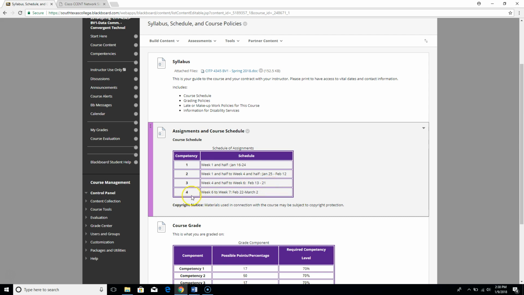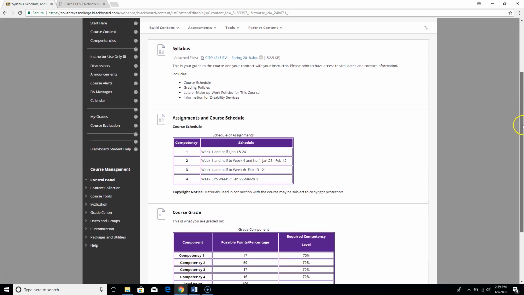And then the last one, we are going to finish competency 4, which is more or less week 5.5 to week 7, from February 22nd to March 2nd. So the whole competency we can finish by 7 weeks.